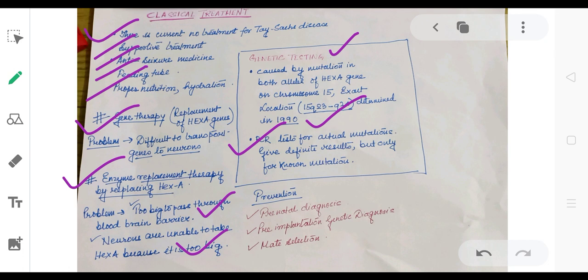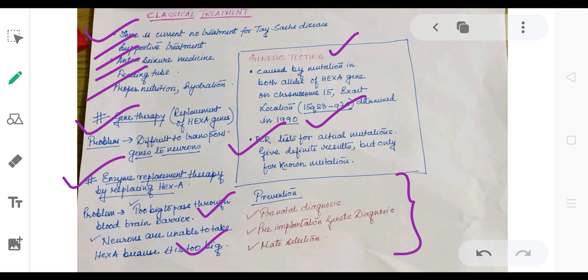Then I will move on to prevention. For all these diseases, one slogan is a must: prevention is better than cure. Prevention is always better than cure. So we had better focus on the strategies to prevent. First is prenatal diagnosis. If both parents are identified as carriers, prenatal genetic testing can determine whether the fetus has inherited the defective copy of the gene or not.